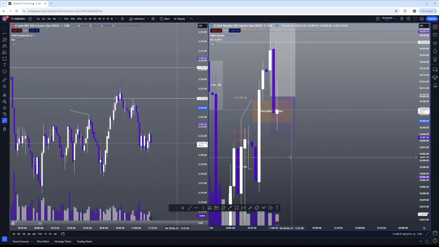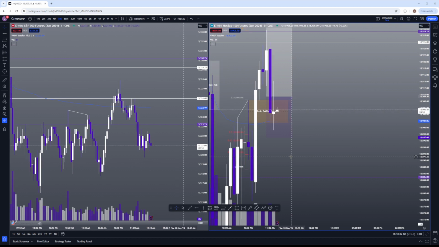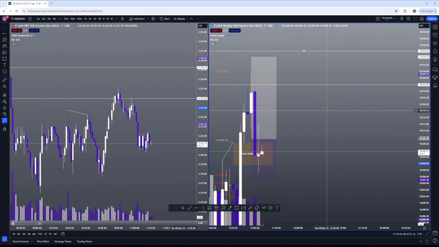Yeah, fair value gap here on the 5. As long as we can keep respecting these bullish imbalances, we'll be all right. I'm not liking the chop. No, we're not in a trade right now, guys.